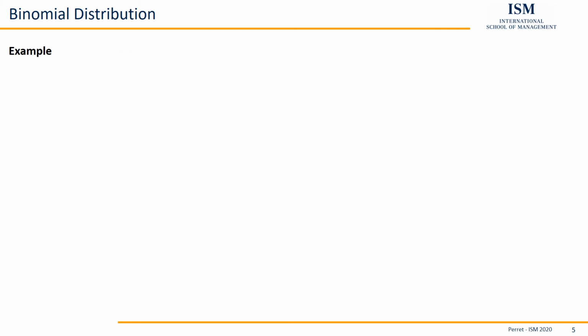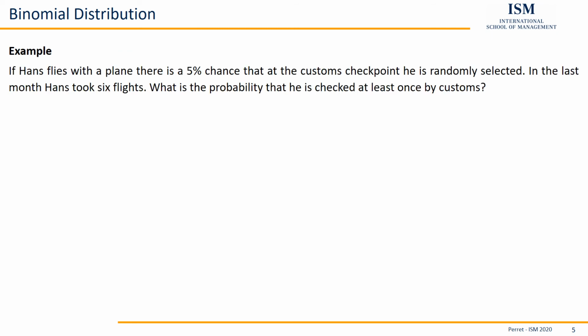You can see this in an example. Here again we have, if Hans flies with a plane, a 5% chance that the customs checkpoint is randomly selected. If in the last month Hans again took 6 flights, what is the probability that he is checked at least once by customs? So checked once, twice, 3 times, 4 times, 5 times, 6 times. That's a lot of probabilities to calculate.